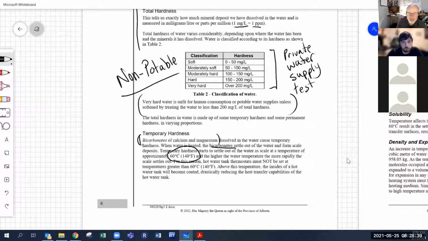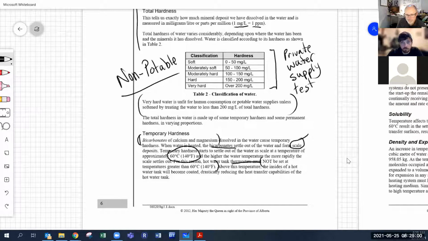So they're telling us that on the thermostats on our hot water tanks, you don't want to get them above 140, because you will then have a lot of this bicarbonate settling out in the form of scale if you get it too hot.